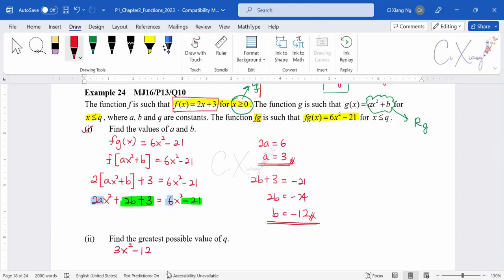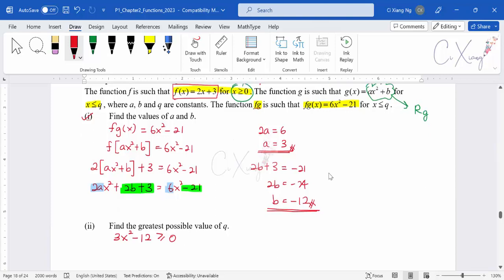The domain of f is greater than or equal to 0, therefore I let the range of G be greater than or equal to 0. I didn't write out the x because x is for domain, right? So now the range of G, 3x squared minus 12, must be greater than or equal to 0.